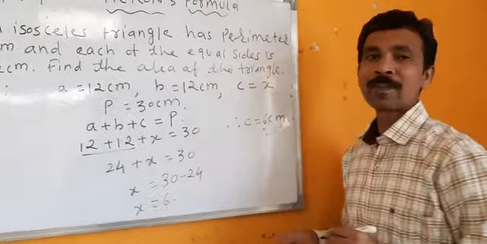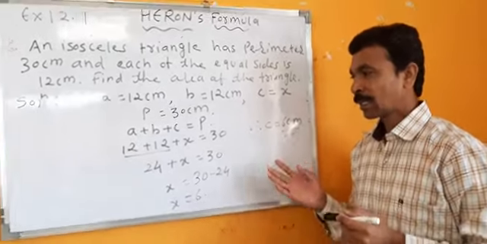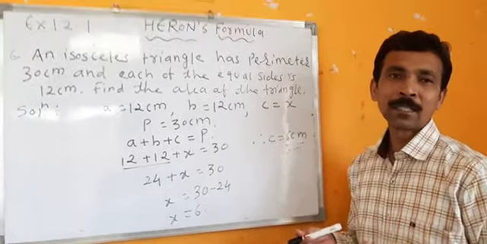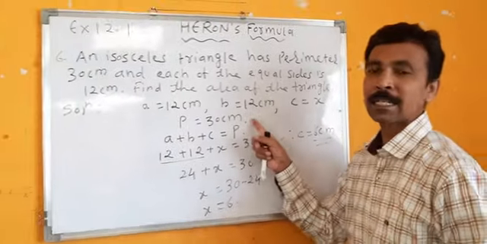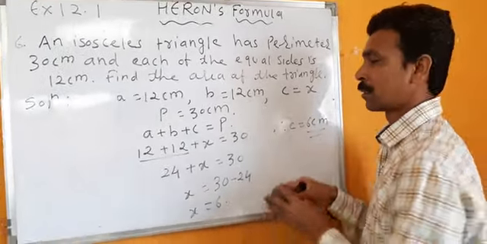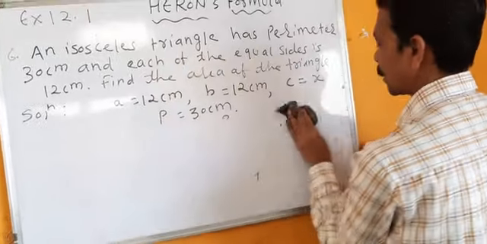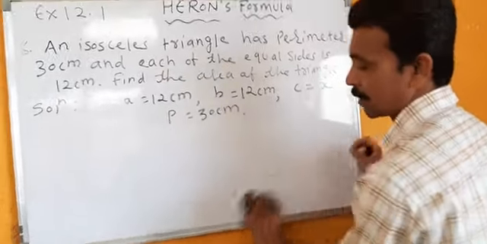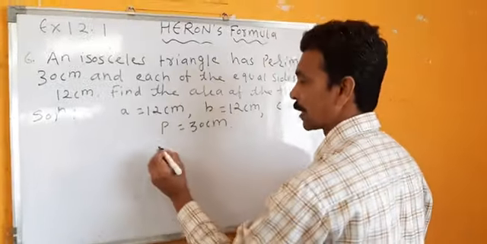Now we have the third side also, that is 6 centimeter. Now we can find the area. Perimeter is known to us, 30 centimeter. Semi-perimeter will be half of perimeter. Third side, understood how you have found? You have to add both the sides and subtract from 30, we get the third side.